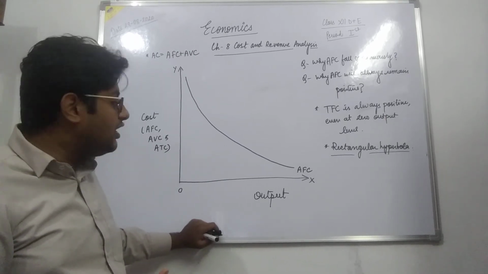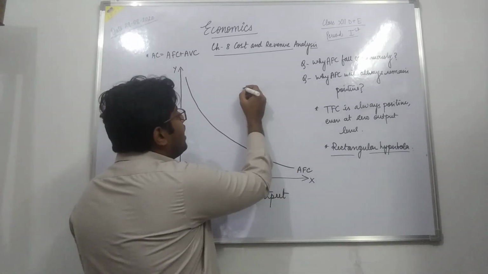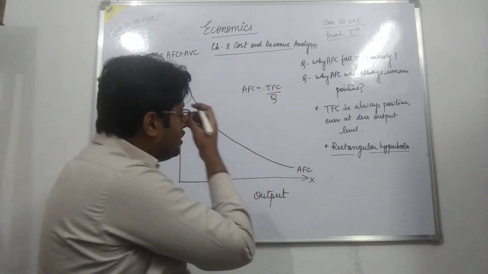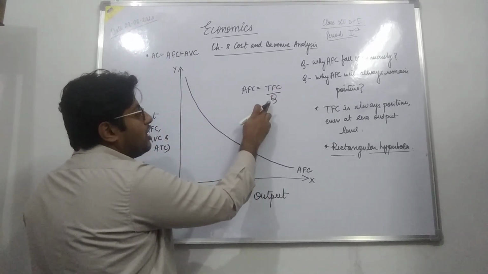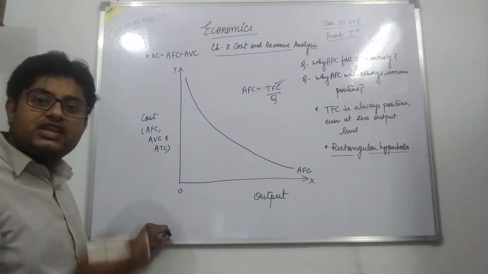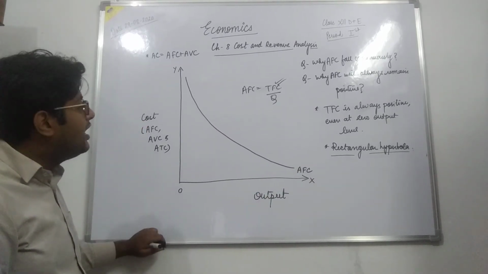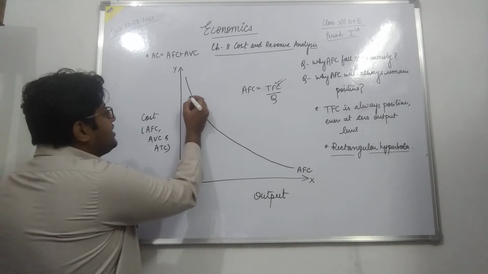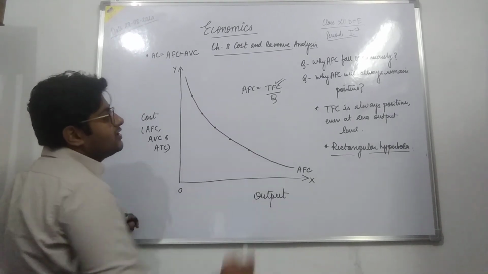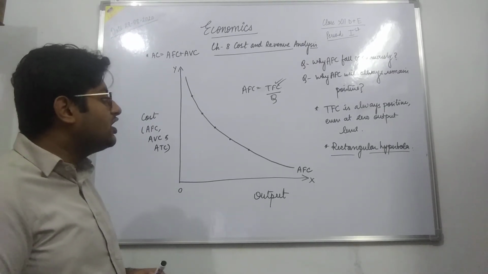We all know that AFC is nothing but TFC divided by output. So whenever we multiply average fixed cost by the output, we will get a constant TFC in the short run, because TFC remains constant. That is why the shape of the average fixed cost is a rectangular hyperbola, because at any point if we measure, we will get a constant number, and that constant number will be the TFC, which remains constant in the short run.